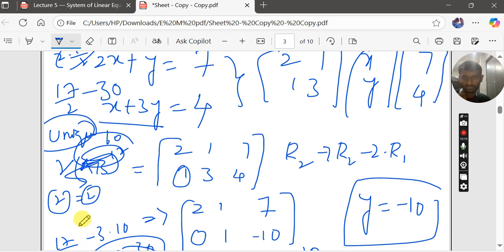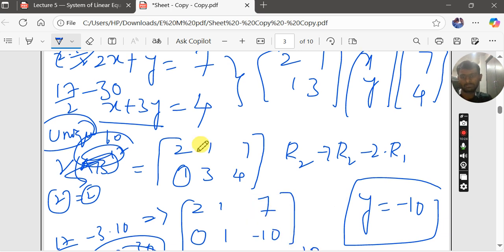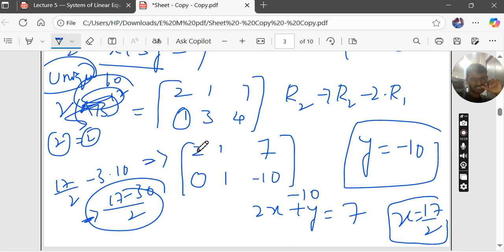Let's solve that. 2 1 7, 1 3 4. x is 17 by 2. And 2x plus y equal to 7, and y is 10, x equal to 17.